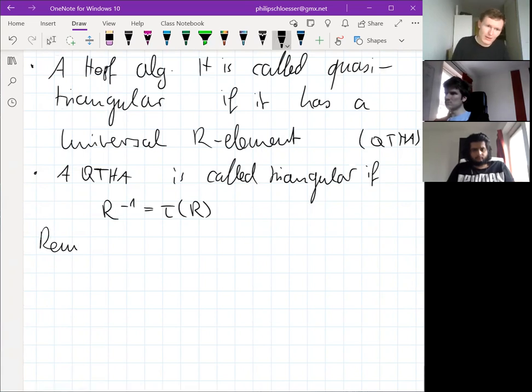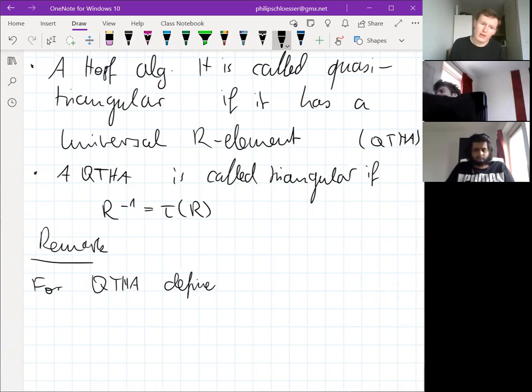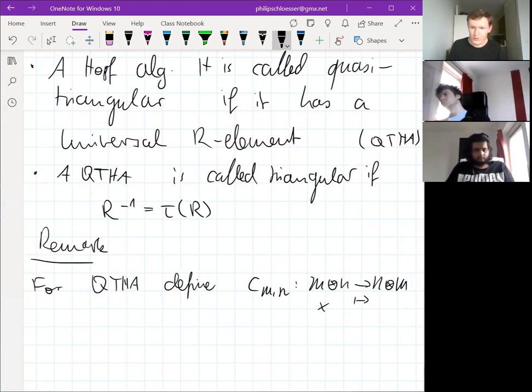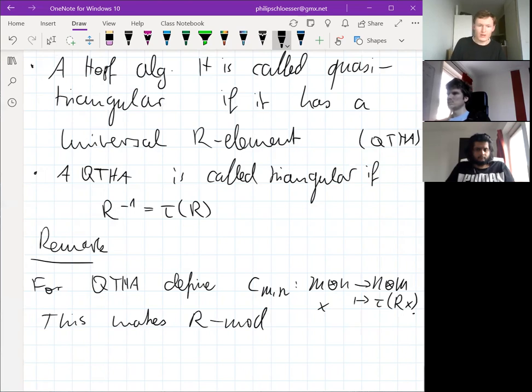Remark: what does this mean for our category? Well, for a QTHA, define C_{M,N} for two modules M and N from M tensor N to N tensor M, x maps to tau of R times x. This makes the category of H modules into a braided monoidal category.